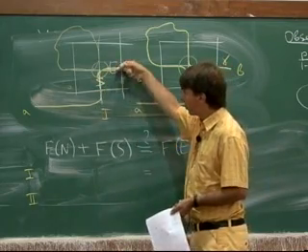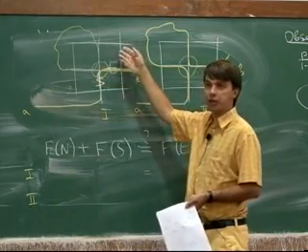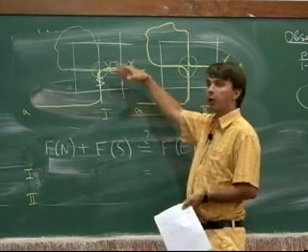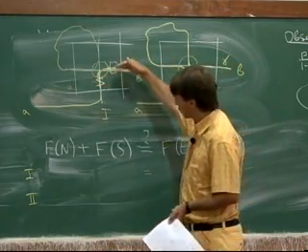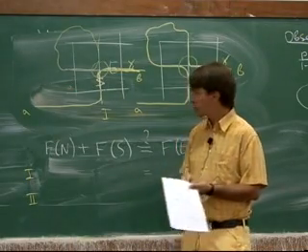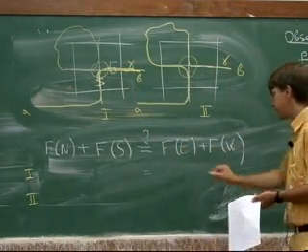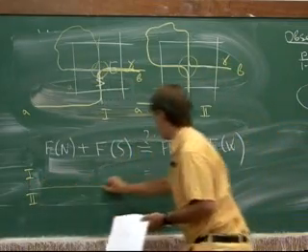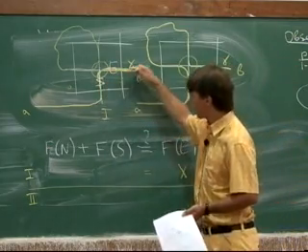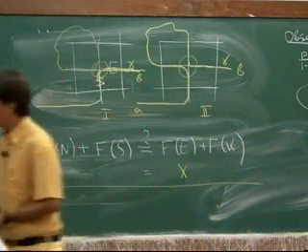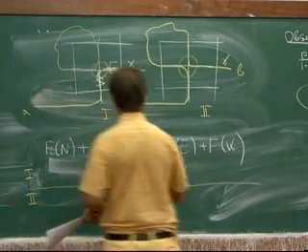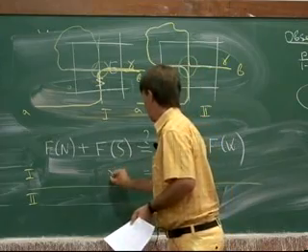Because when we move from east to south, the number of loops doesn't change. The only thing which changes is the number of turns we make. We don't know how many turns we made before, but we know that from east to south, we make one additional turn to the left. So if the contribution to east was x in this case, then the contribution to south, where we make one left turn, and one left turn yields lambda, is lambda x.